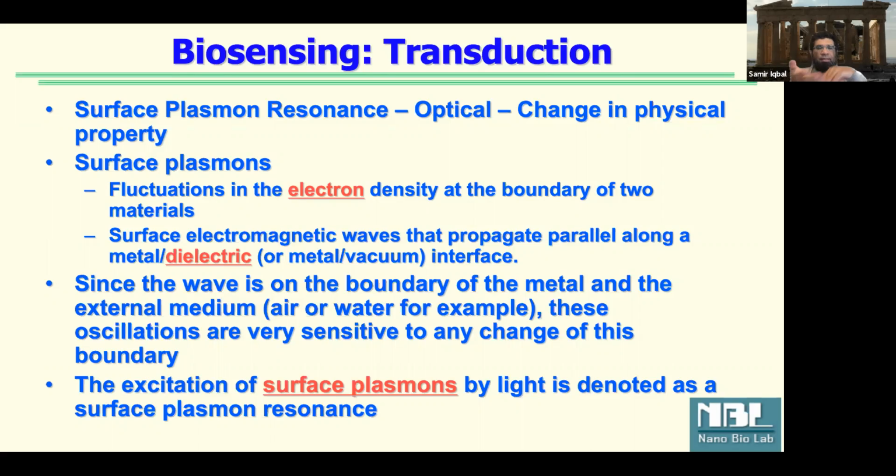So that's another way how we can measure the wave on the boundary of the sensor and the external medium, right? Change in the binding activity can be measured with them.